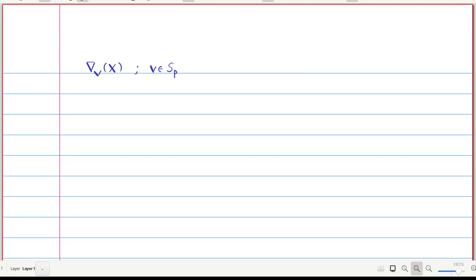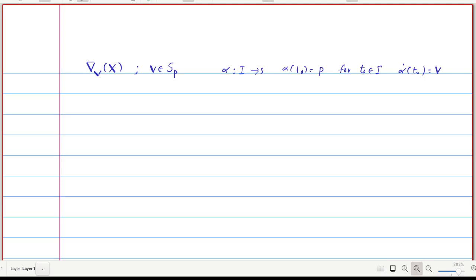We discussed this using a parameterized curve alpha from I to S with the property that alpha of t naught is equal to p for t naught in the domain, and alpha dot t naught gives the tangent vector.